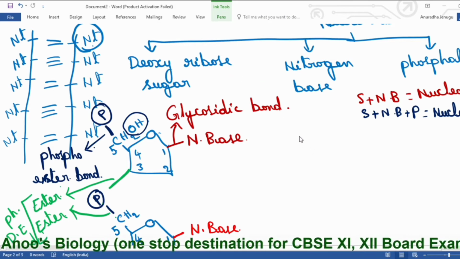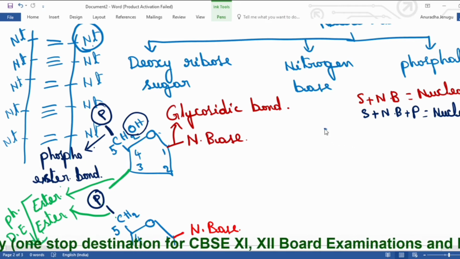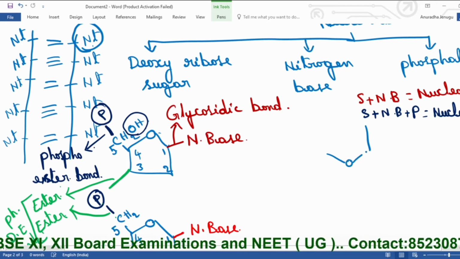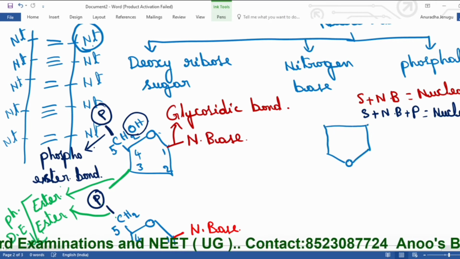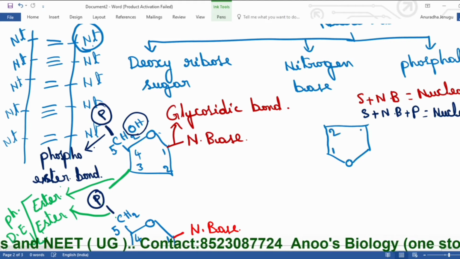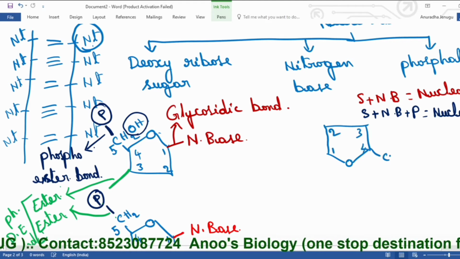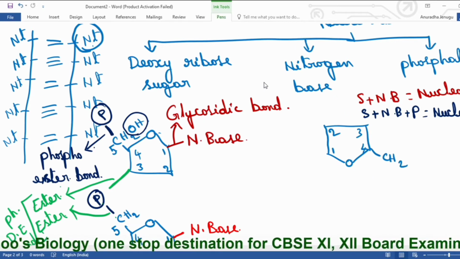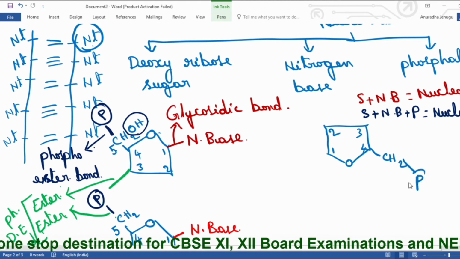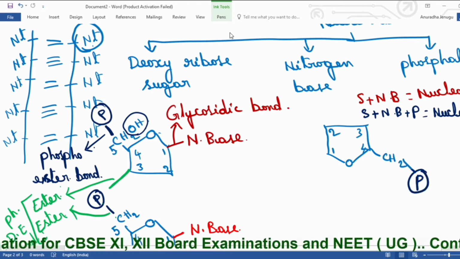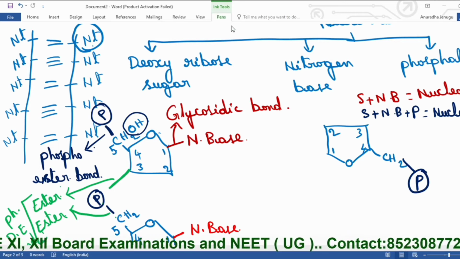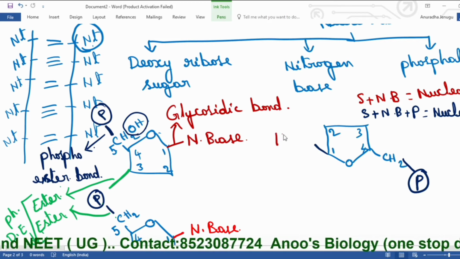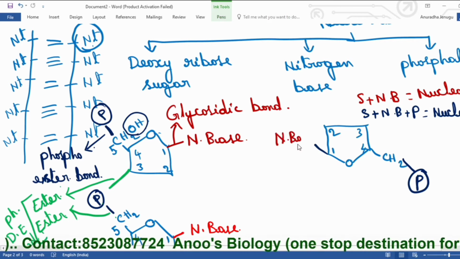Let's see the formation of the opposite polynucleotide chain. So in the same way, a pentose sugar is there. That is deoxyribose sugar, first carbon, second carbon, third, fourth, and here the fifth carbon is there. To this fifth carbon, phosphate is attached. Now at the first carbon, what will be attached? A nitrogen base is attached by the formation of what type of bond? Glycosidic bond, N-glycosidic bond.